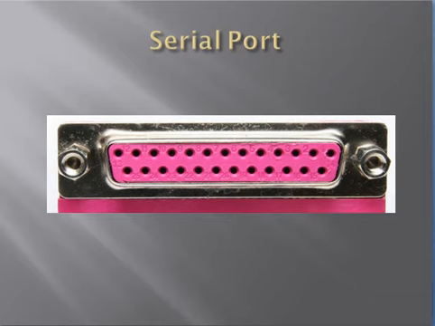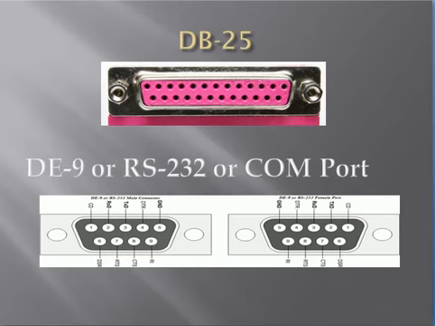There are two types of serial ports that are commonly found on a computer system: number 1, DB25, and number 2, DE9. Now, what is DB25 and what is the function of DE9 or RS-232 or COM port?